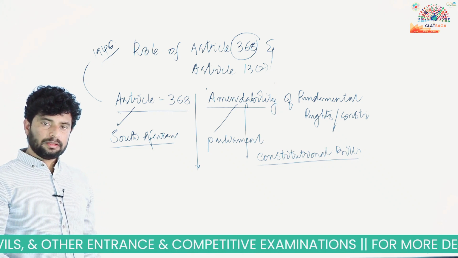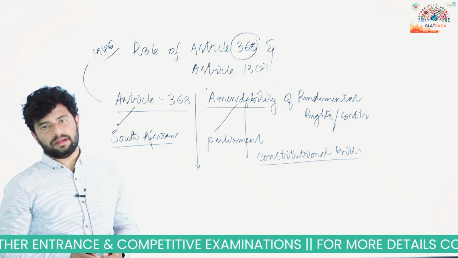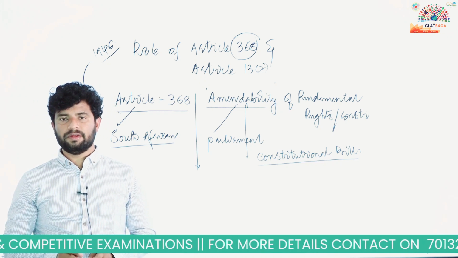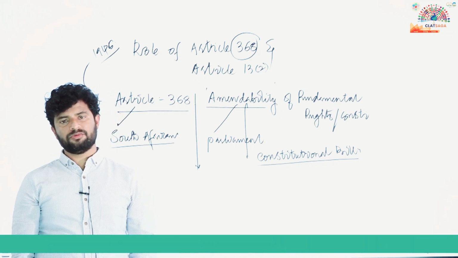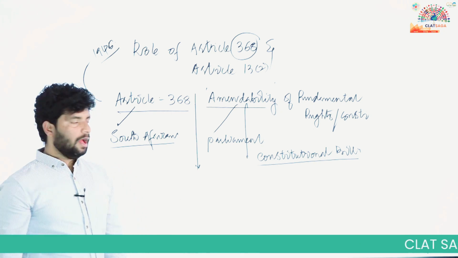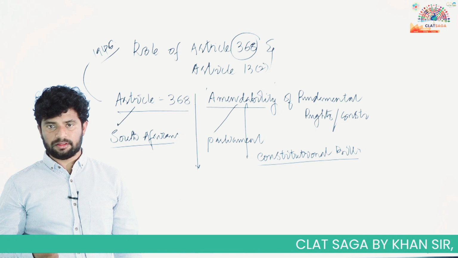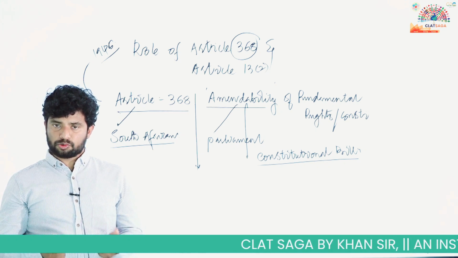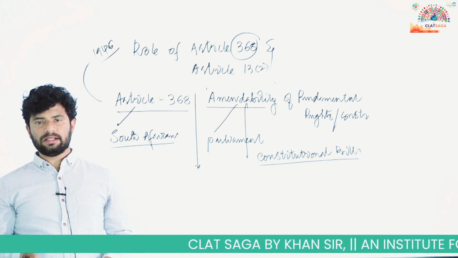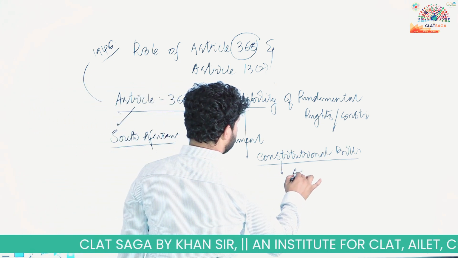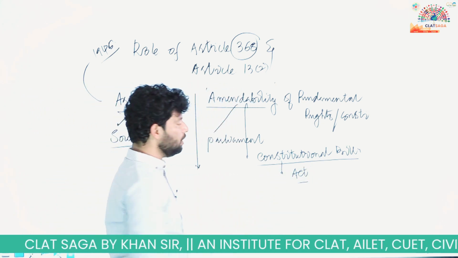A constitutional bill can be introduced in either house of Parliament, Lok Sabha or Rajya Sabha, and it shall be presented to the President for assent. Once the President assents to the bill, it is converted into an Act.